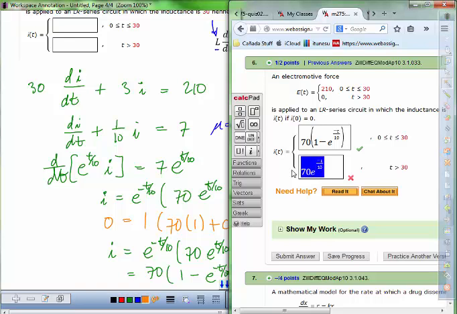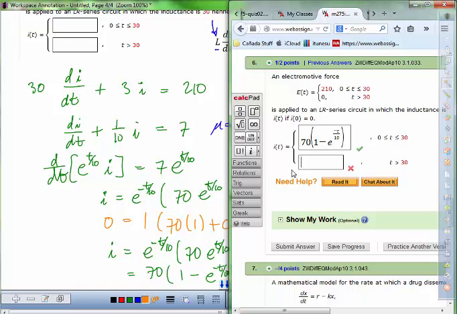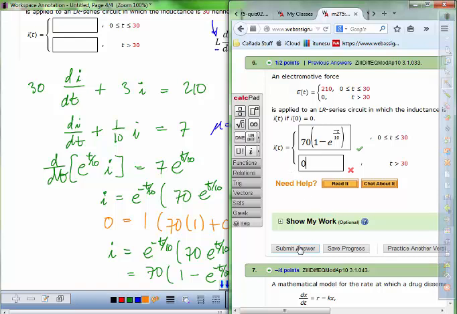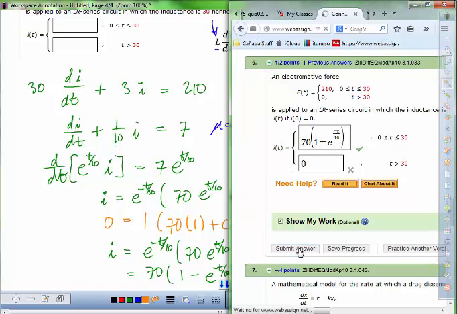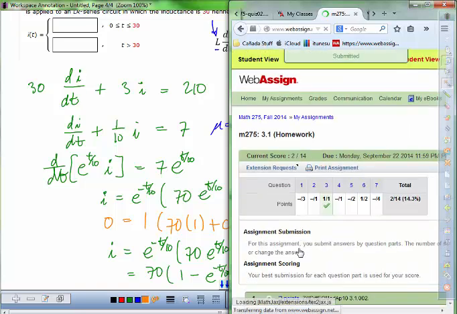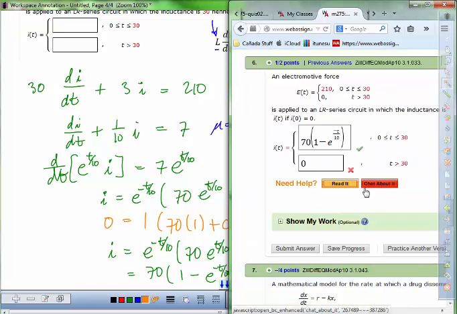Should we try 0? Well, actually, you guys can try to figure it out. Just put in 0 and see what happens.